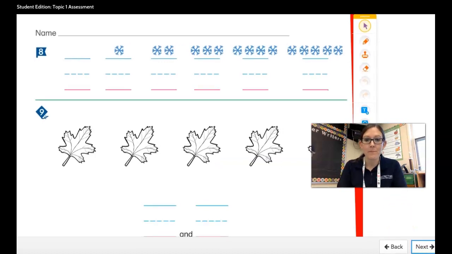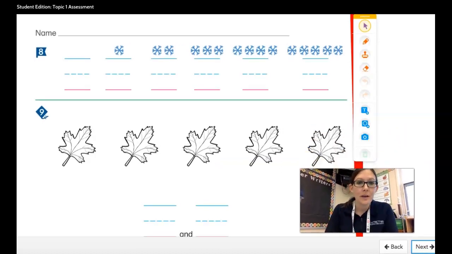Okay. Here we go. For number 8 flag, we are going to write the numbers 0 through 5 in order, okay? And then there are these little snowflakes up at the top to help us remember the numbers. Let's see, are there any snowflakes above this space? No, we know that 0 comes first.